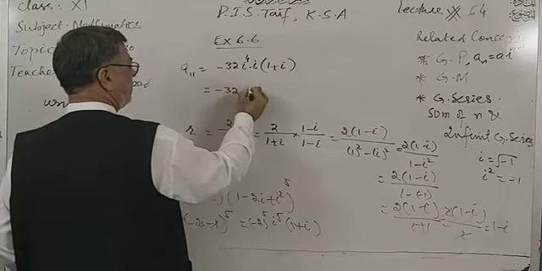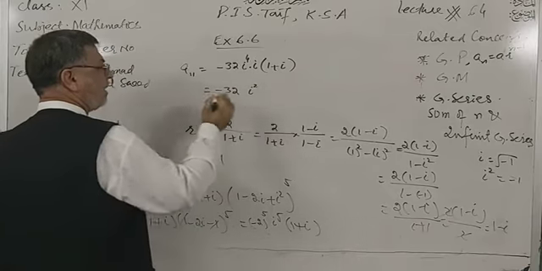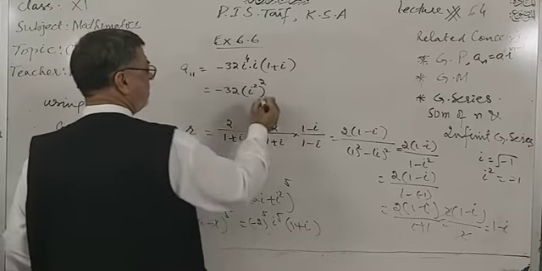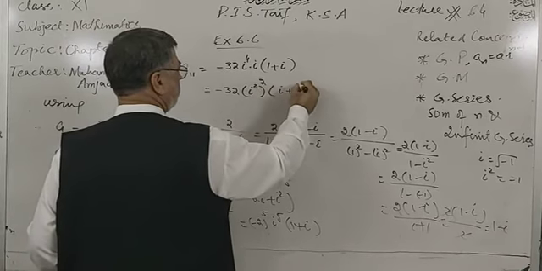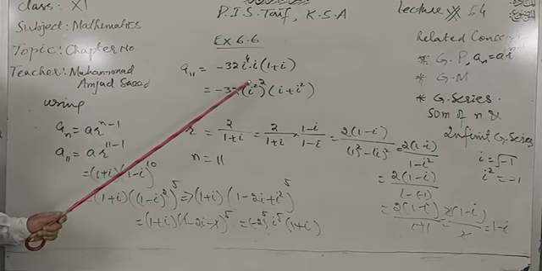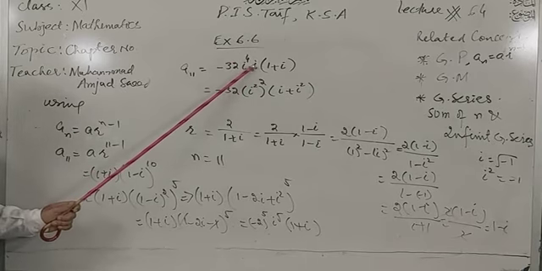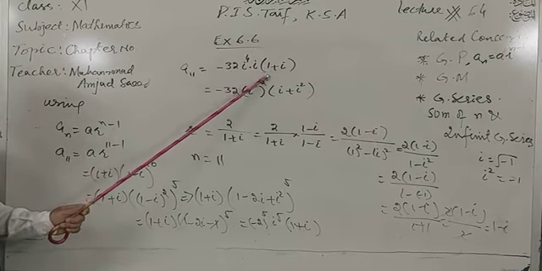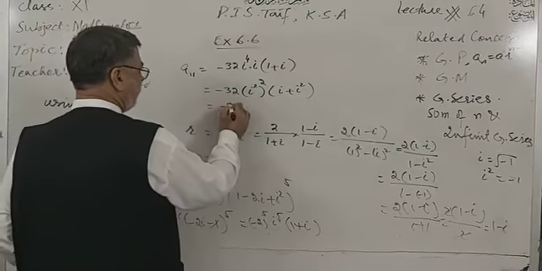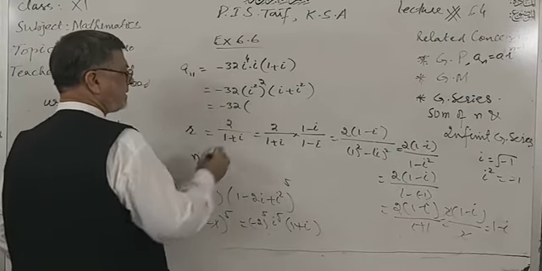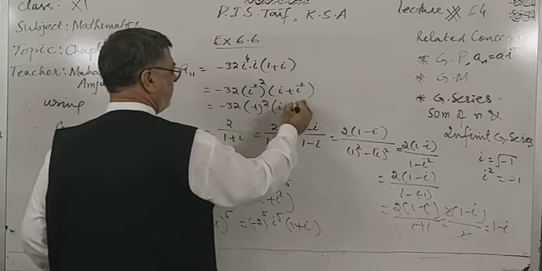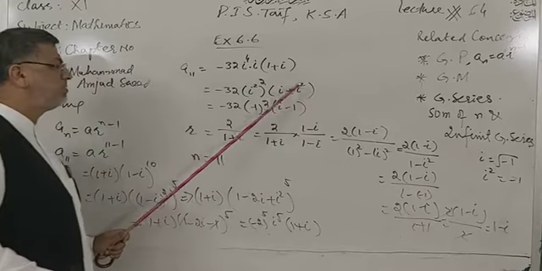Minus 32, remember that iota 4 can be written as iota square whole square into iota plus iota square. We have written iota 4 as iota square whole square and this iota is multiplied inside iota plus iota square. Here we can have minus 32 into minus 1 square, that is iota and minus 1. Iota square is minus 1.